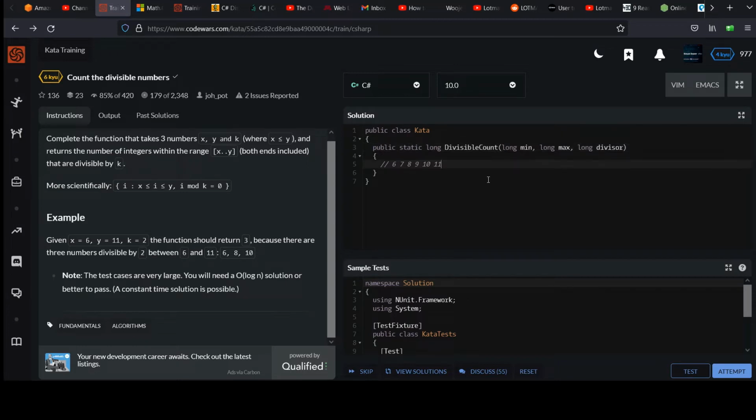Now, I'll do my normal sort of paranoid thing here. You don't have to do this part, but it's good practice to start thinking about your parameters and how you protect data. One thing that jumped out to me right away is, what if min and max aren't actually the min and max? What if max is min and min is max?